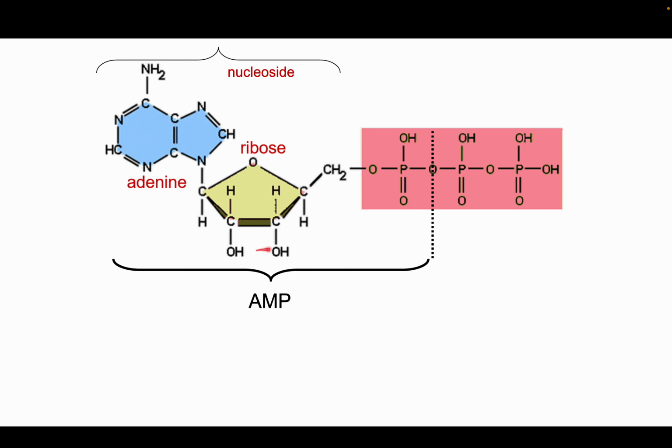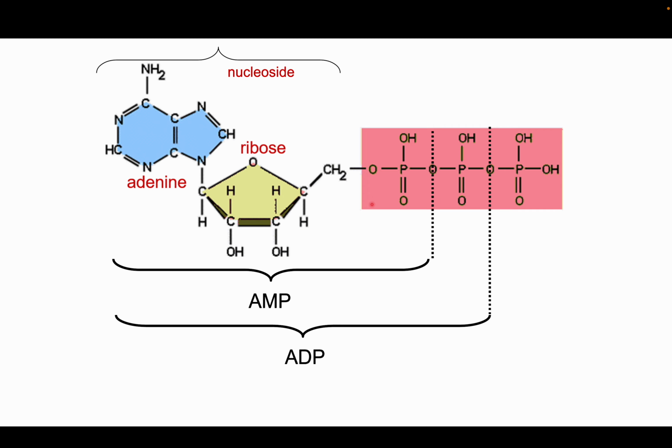Attached to one phosphate group, this nucleoside component becomes known as adenosine monophosphate because there's only one phosphate group attached.